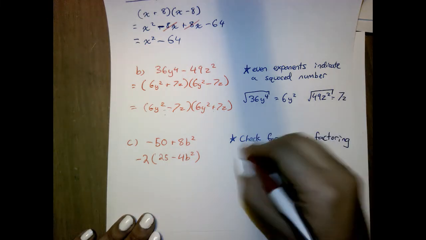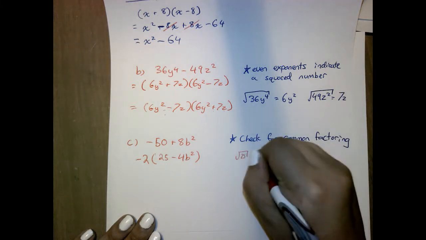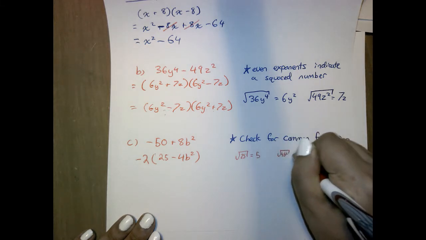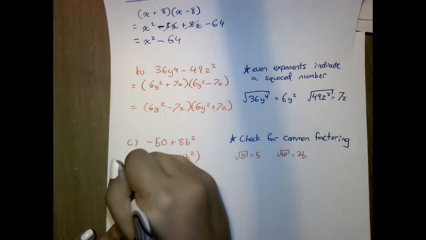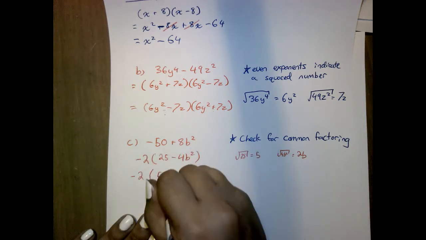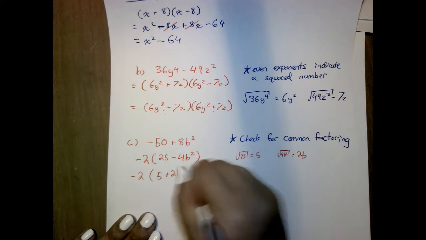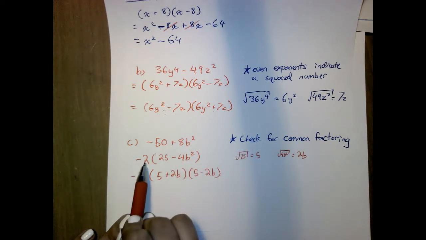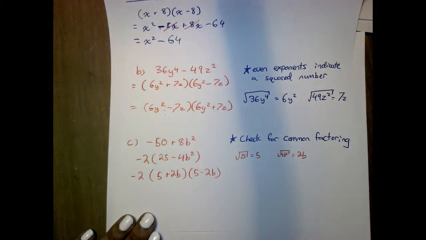So the square root of 25 is 5. The square root of 4b squared is 2b. So the factored form is 5 plus 2b times 5 minus 2b. And my negative 2 that I factored out in the first step just hangs out in front.